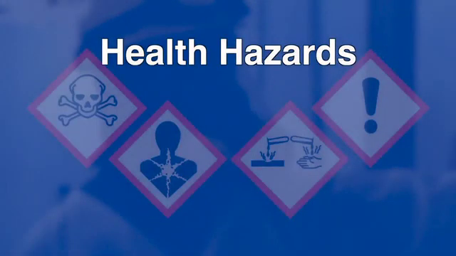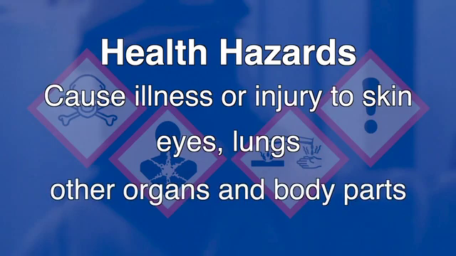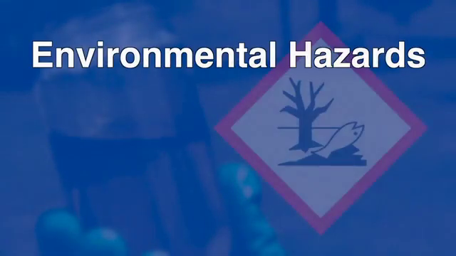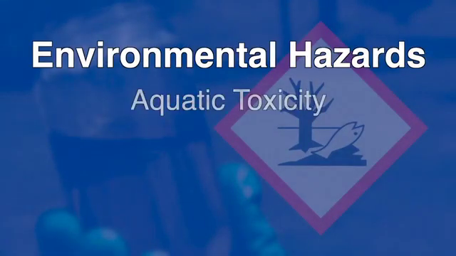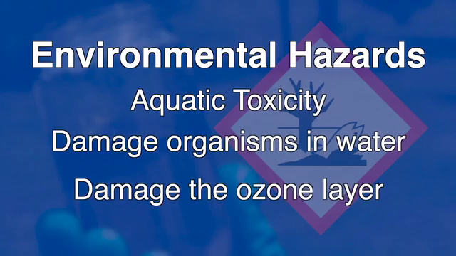Chemicals that present a health hazard are those that could cause illness or injury to the skin, eyes, lungs, or other organs and body parts. Chemicals that present an environmental hazard are those that cause aquatic toxicity and damage to living organisms in water, or cause damage to the Earth's ozone layer.